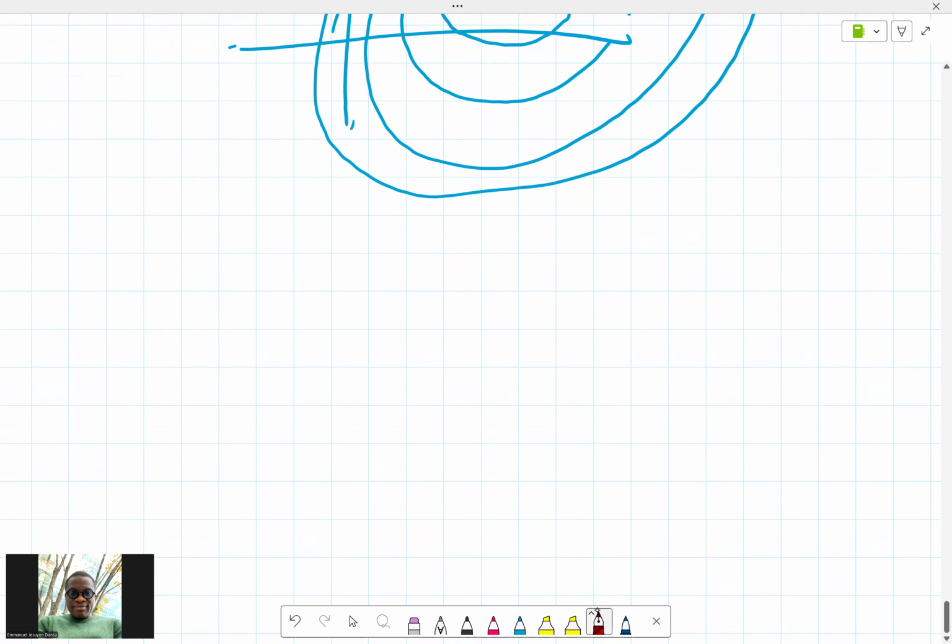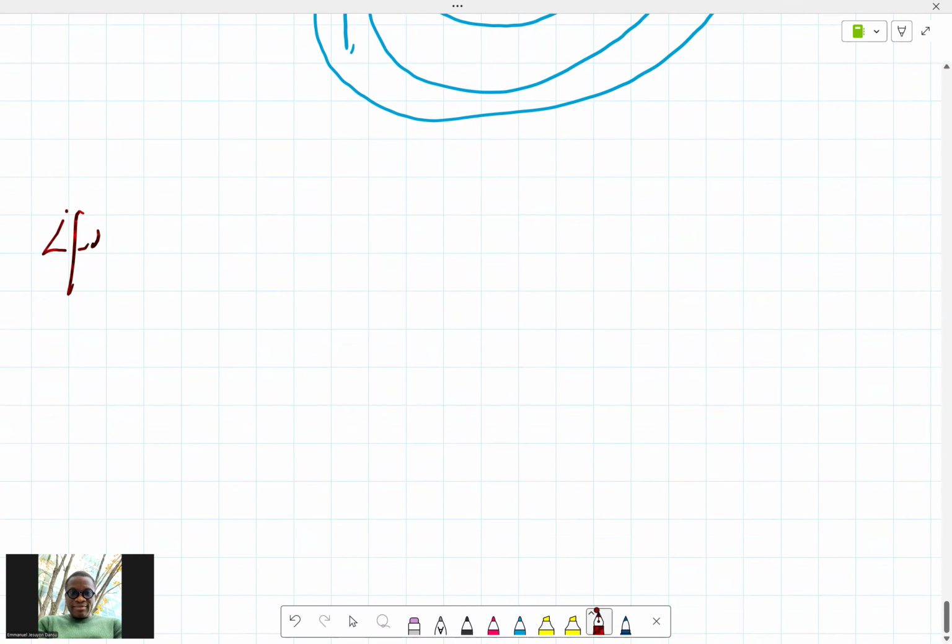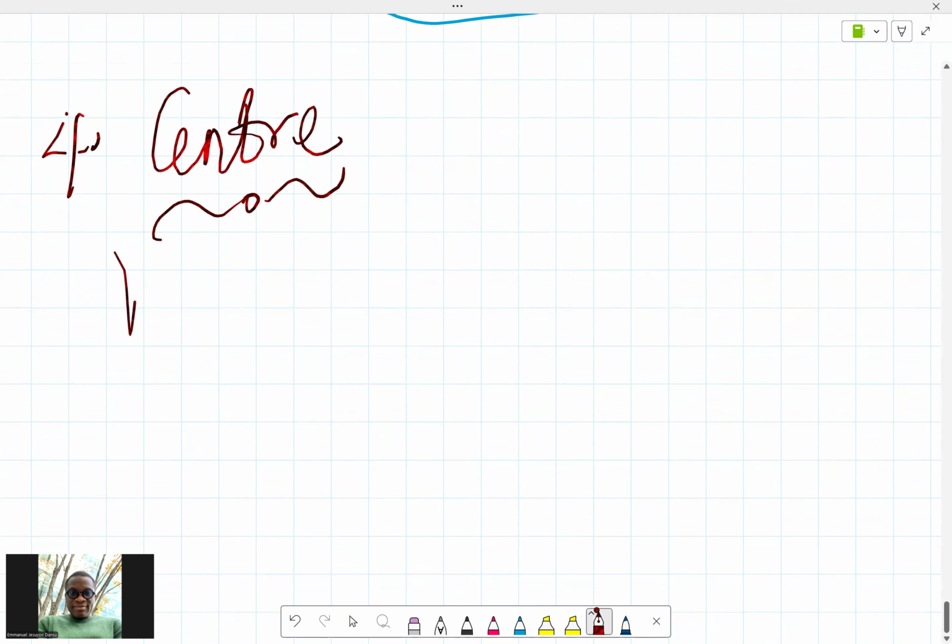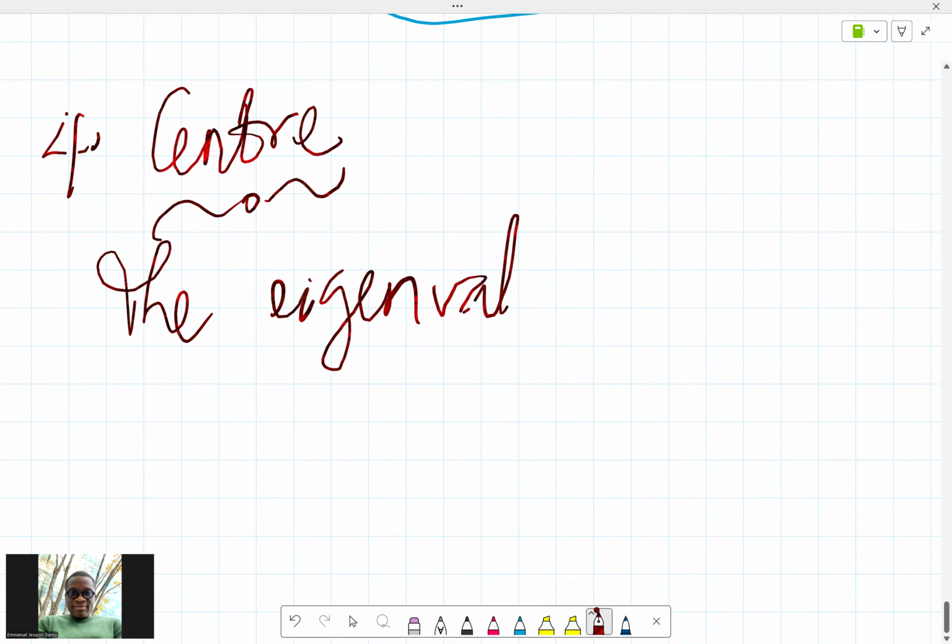Now we have a fourth type of equilibrium point, which you call a center. For a center, the eigenvalues are purely imaginary.